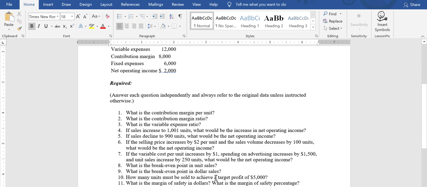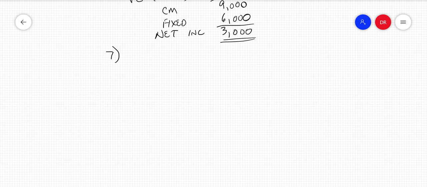Well, we're going to go back to the assumption that now we're selling these at $20 a piece. So for number 7, we're going to have sales of 1,250 units at $20. That's 25,000. Then the variable expense, now instead of $12 a unit, we're going to have $13 a unit.